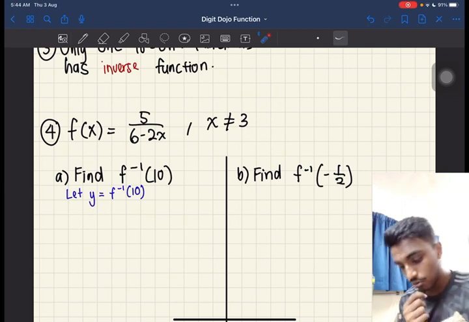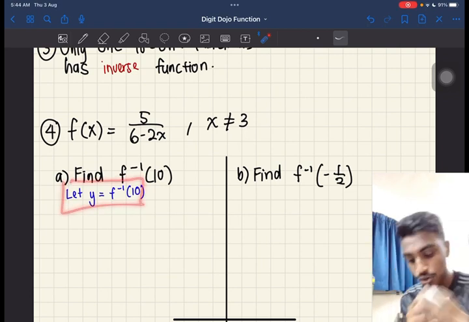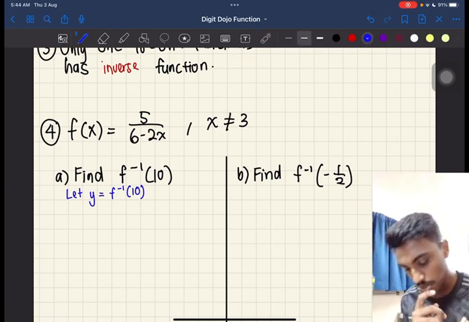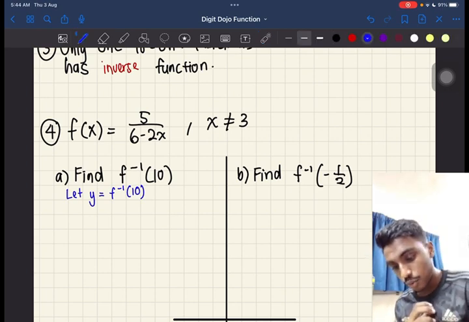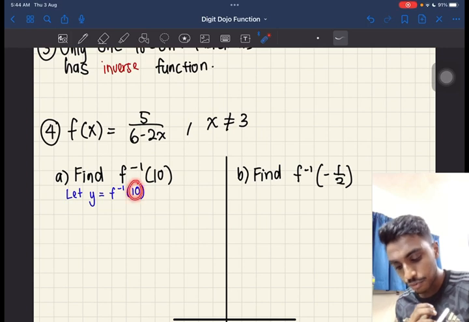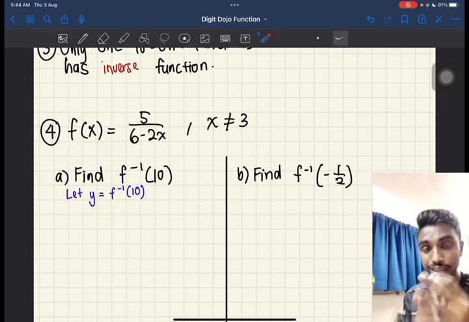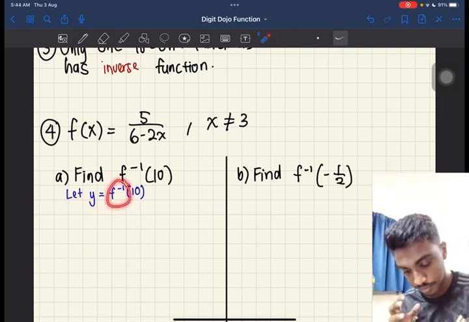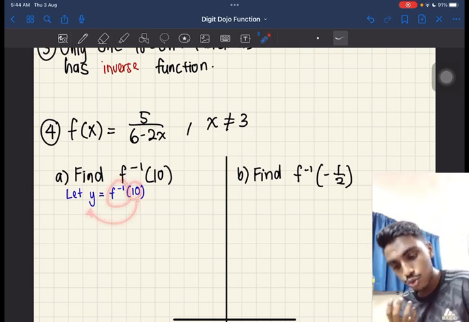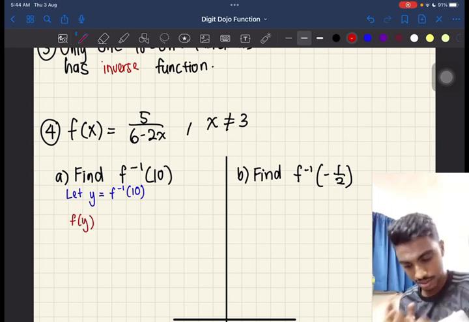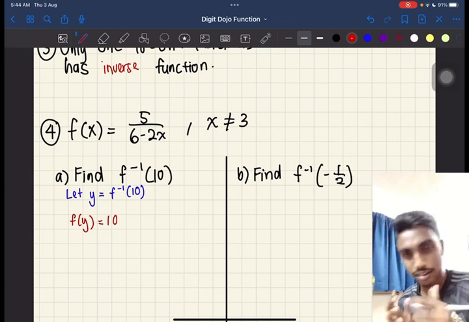From here we can conclude another thing: when you do the inverse function for 10, you are getting y, meaning that when you do the function for y, you will get 10 again.